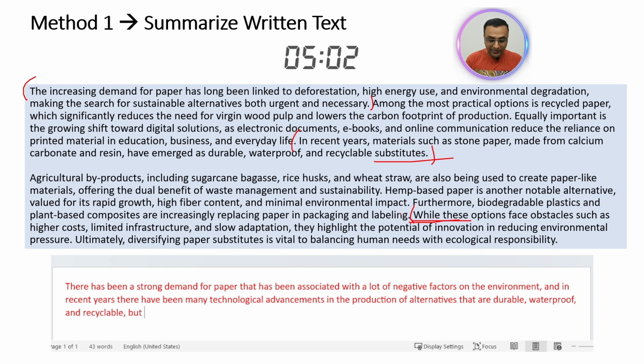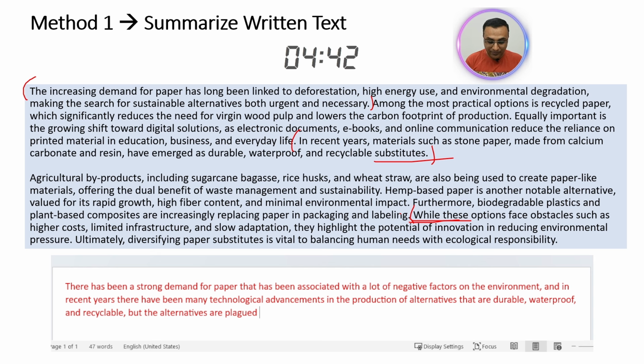Okay, while the alternatives, but the alternatives are plagued. Instead of obstacles, I'm using a word called plagued, P-L-A-G-U-E-D. Please use it only if you know the correct meaning.